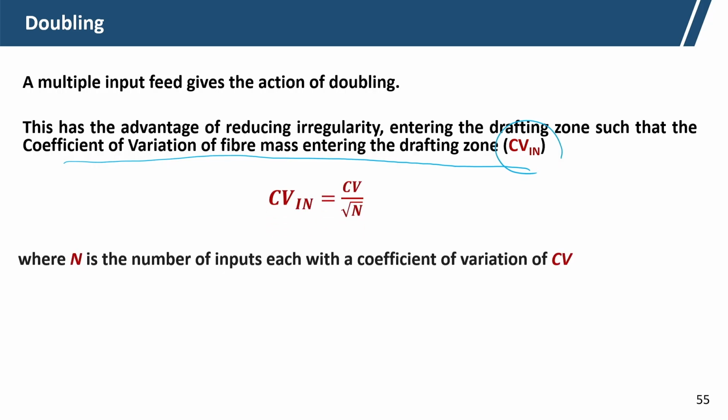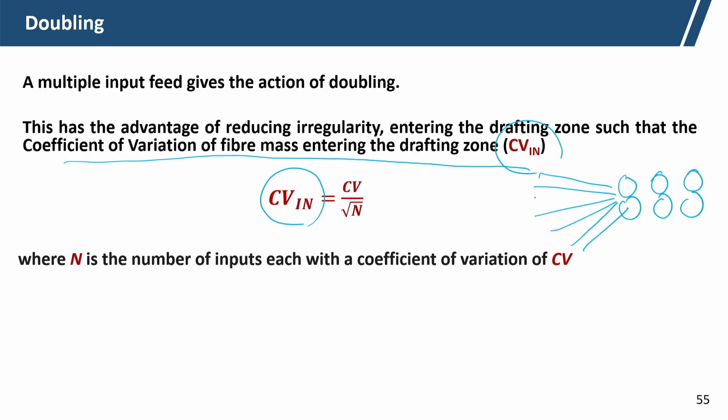So, with the equation, input sliver, input material is a draft in the drafting zone. Suppose this is the drafting roller in the drafting zone. Now, suppose we are feeding n number of slivers, and each sliver has a CV, this is the CV of each sliver. So, n number of slivers are there, total fiber input CV in equals CV divided by the square root of n.